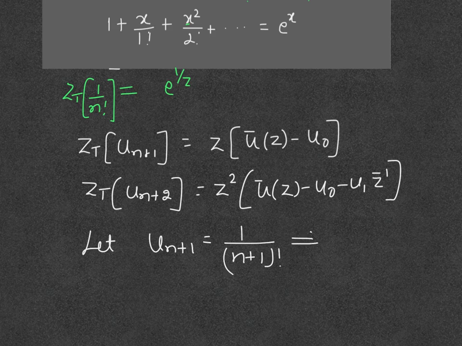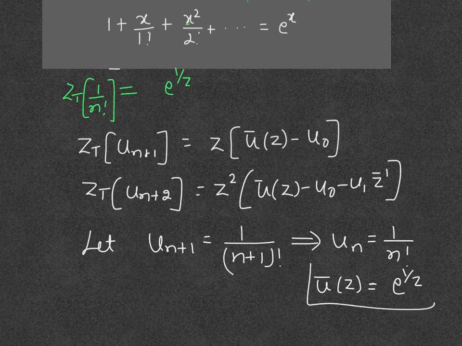Then from this you can write un is 1 by n factorial. So u bar z is the z transform of un, that is z transform of 1 by n factorial, that is e power 1 by z. We have this result now.